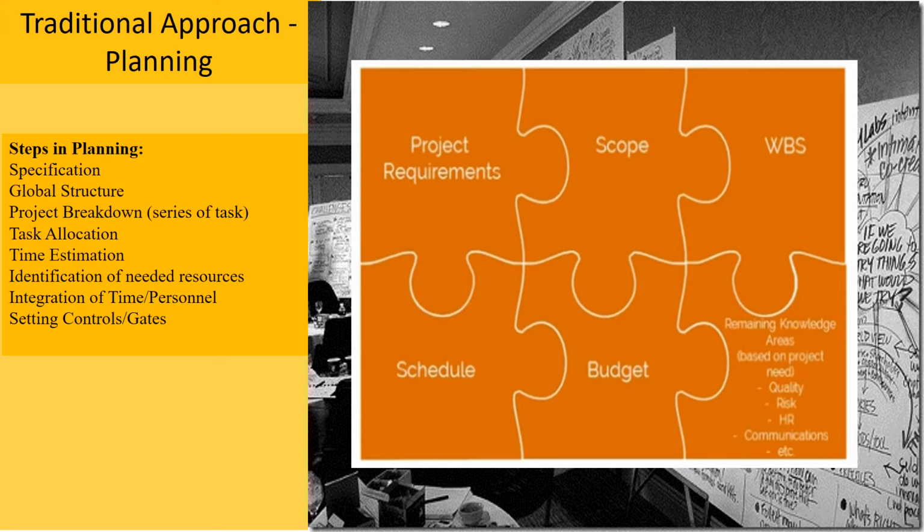We have to look at the project requirements, the scope, which is very, very important, the work breakdown structure, very key, schedule, budget, and then other areas include quality, risk, HR, and communications. We won't be talking about all those additional areas, but we will definitely be covering project requirements, scope, work breakdown structure, schedule, budget, and risk as well.